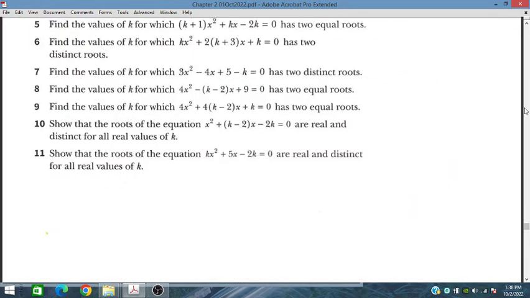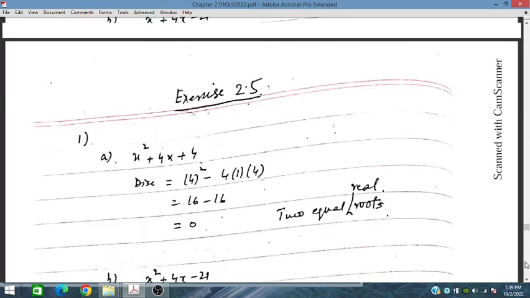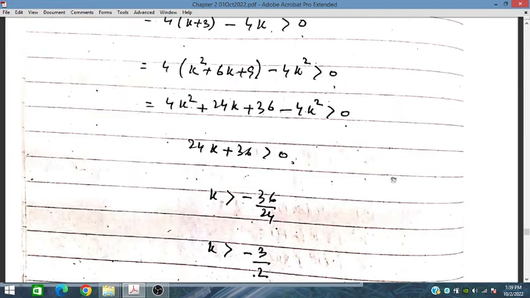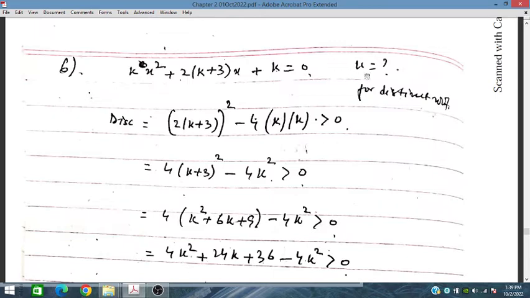For problem number 6, find the value of k for which this has 2 distinct roots. So we have to find a discriminant which is greater than 0. This is for distinct roots. So this is b square minus 4ac.